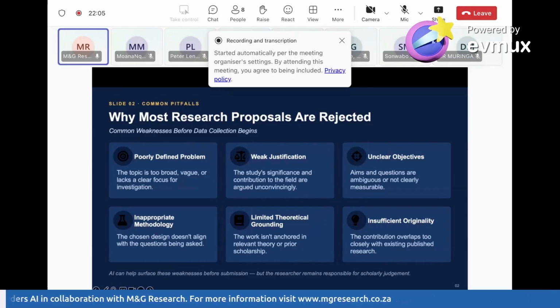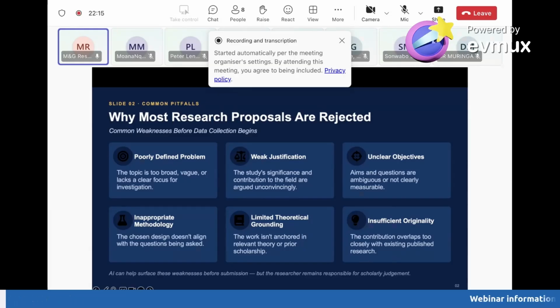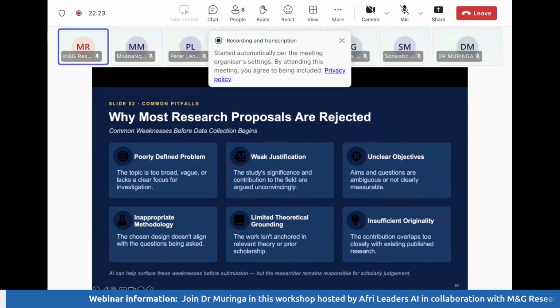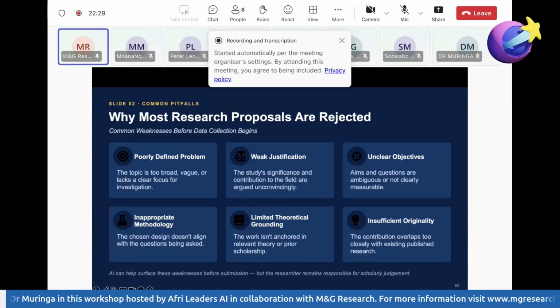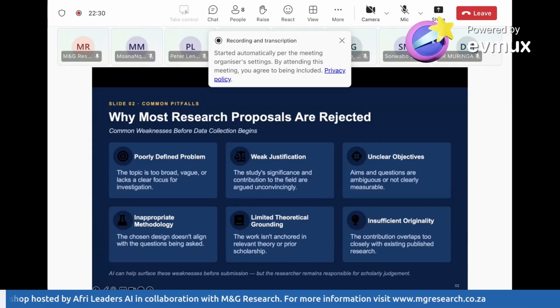You really do not know what the student or the researcher wants to research and achieve. Then also the issue of weak justification, where the study significance and contribution to the field are argued unconvincingly. In the justification section, you really don't know why and what the researcher is trying to achieve.